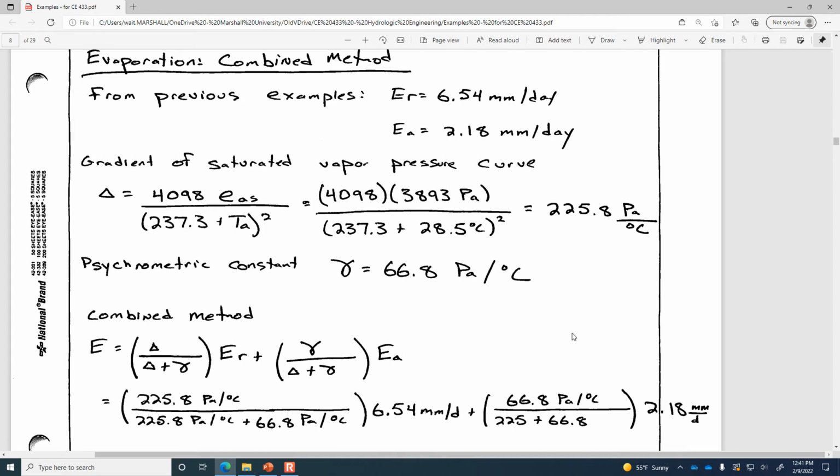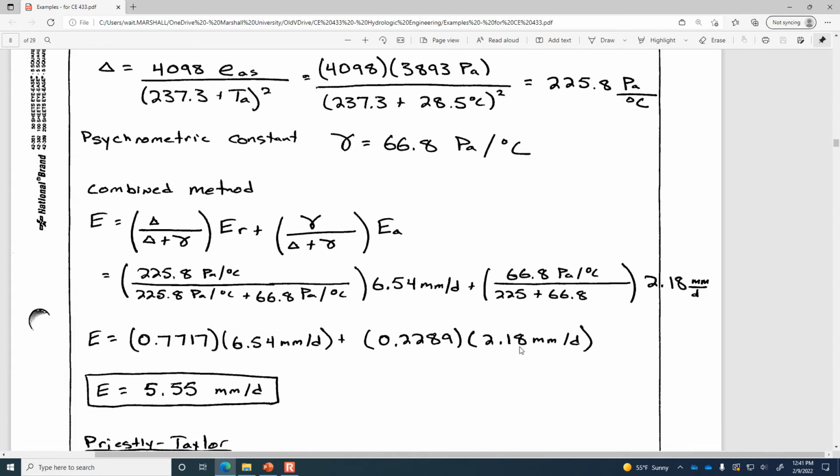And the combined method is essentially a weighted average, and it more heavily weights the evaporation that is predicted by the energy approach, but the overall net evaporation amount is still lower than what the energy method would predict. And so what that's telling us is that the air can't absorb as much of the water as was suggested just by the energy method, that it's reduced a bit.